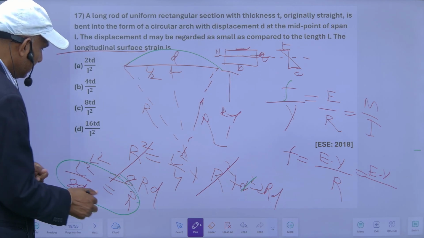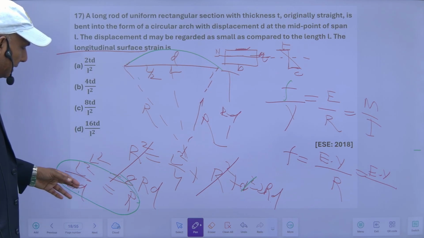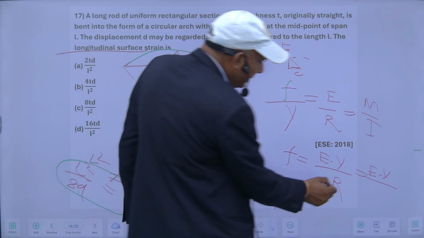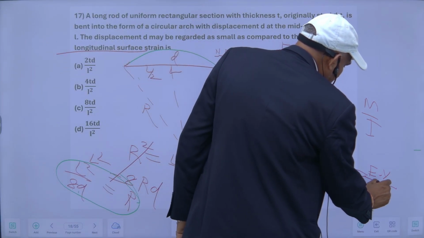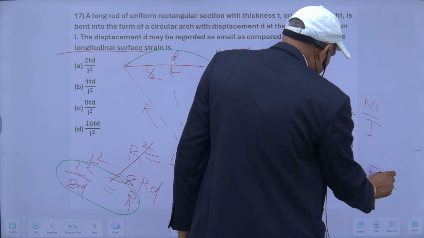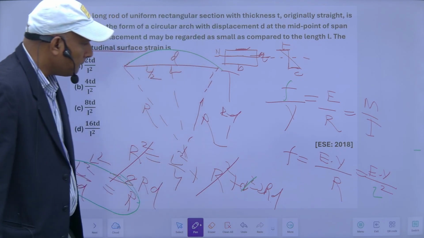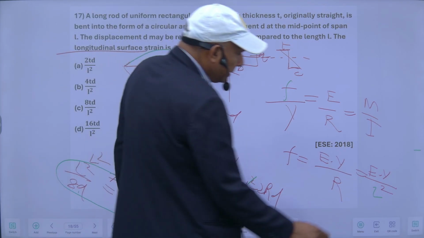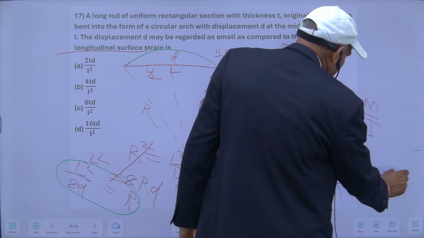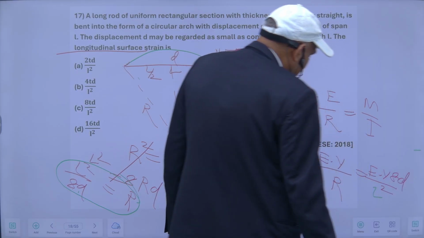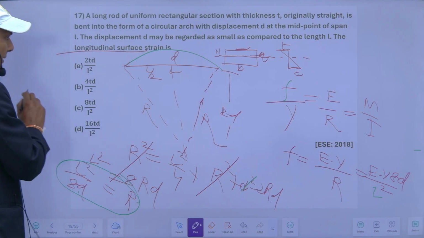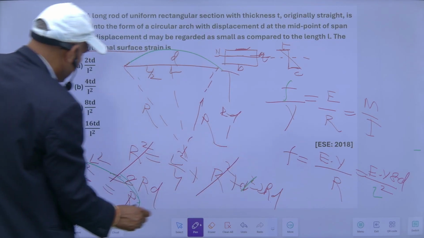So substituting L square upon 8D, D will go up here. This is my stress, so this is the value of the stress.